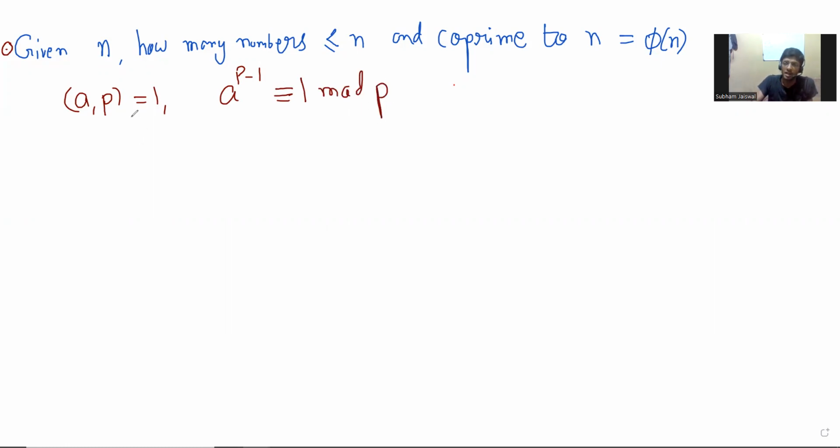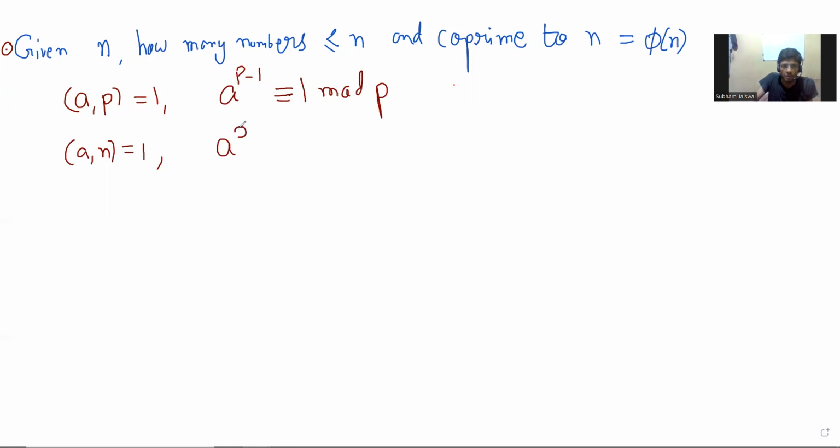But then we had tried to take this argument further, and we got something like this. Last time I had used the notation F, but obviously now that I've used this notation, I'll continue to use phi n.